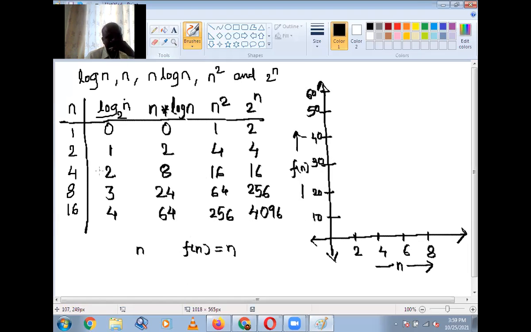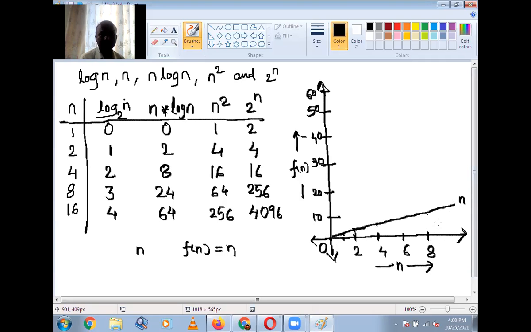So first is n 1 to 1, that is here 0, then 1, then 1 here, then 2 2, then 4 4, then 8 8, that is these 4 points, draw a line, and this line is for n.